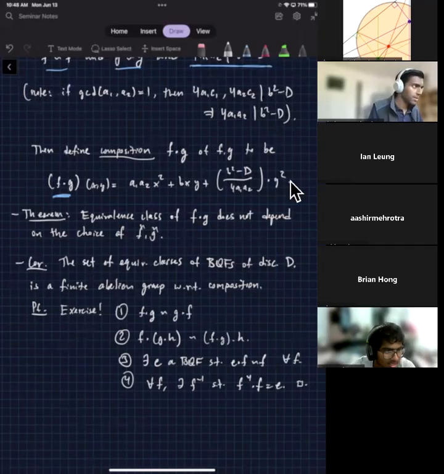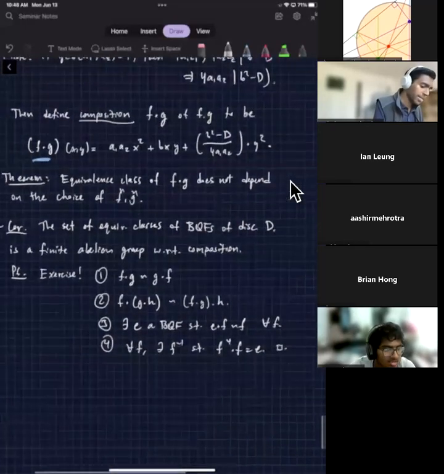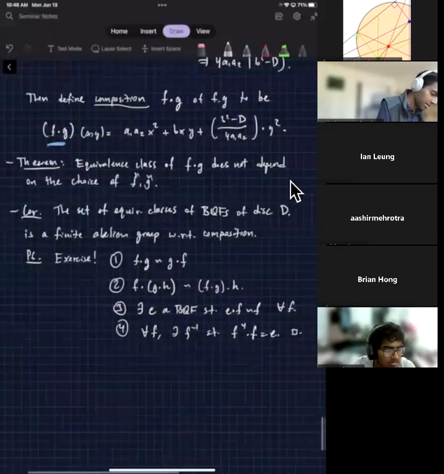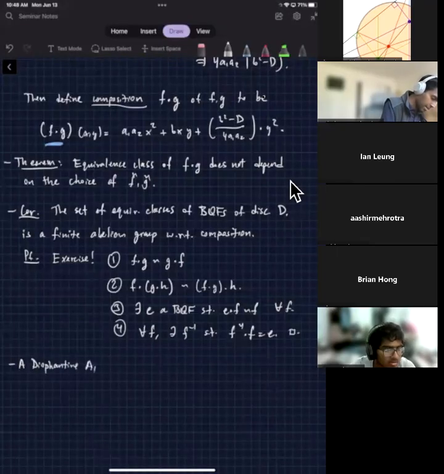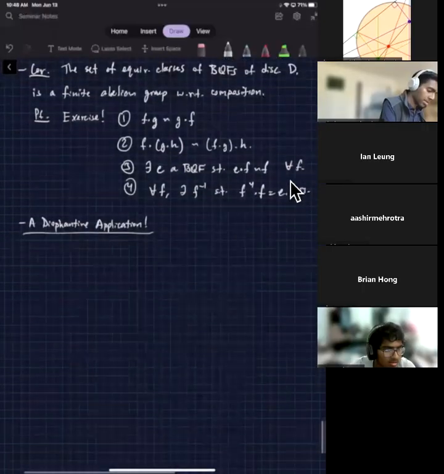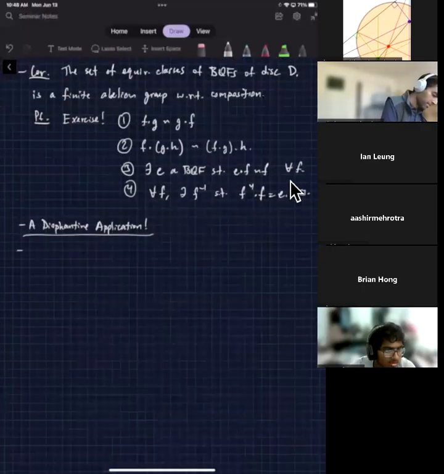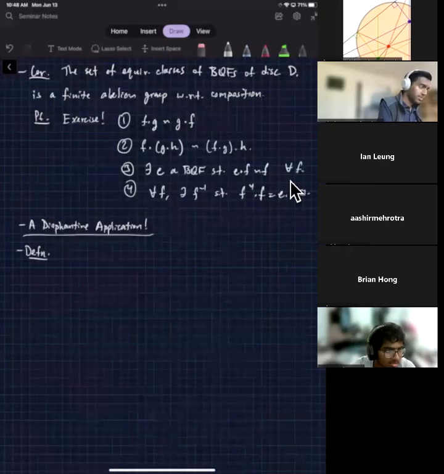Okay, all right. So that's composition, and I want to conclude the talk, which I should be able to do in I think 10 minutes or so, by talking about a Diophantine application of composition. So this is getting to more of my research. For this, I'm going to make a definition.